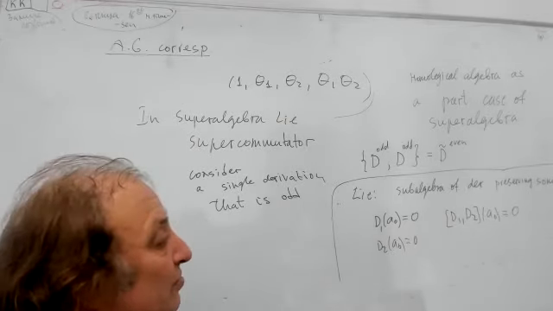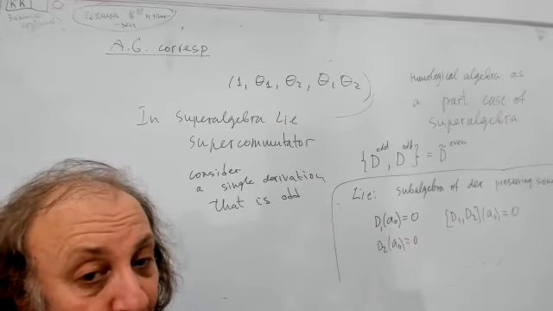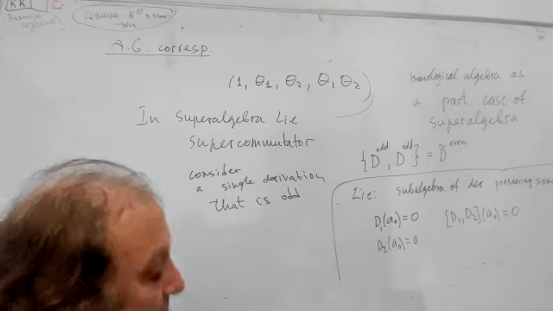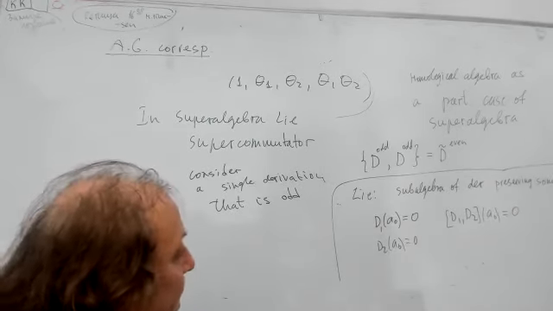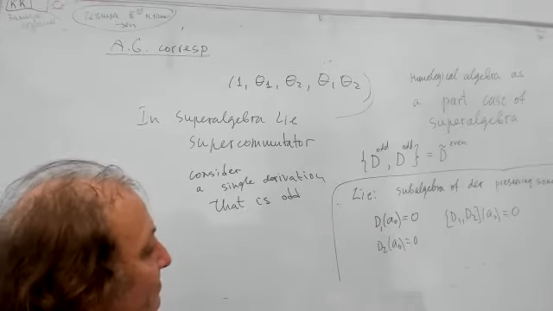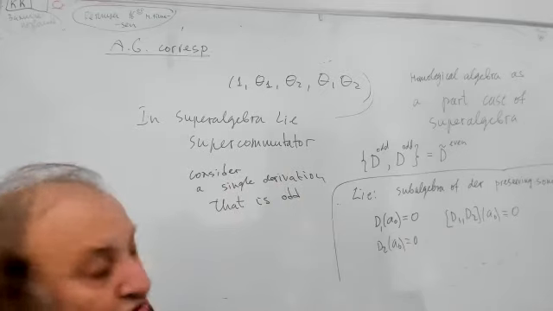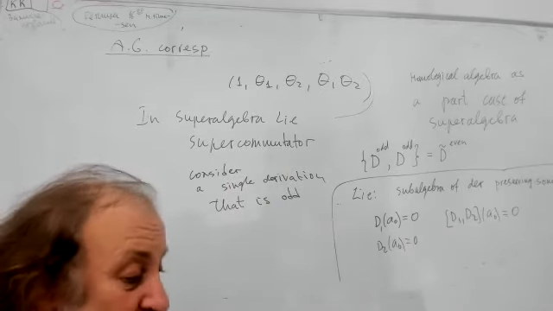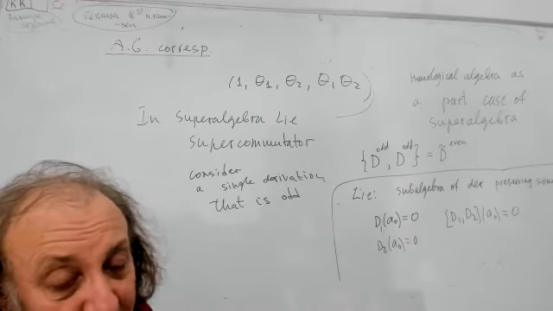He was thinking about algebra of symmetries. Okay? So he just abstracted the notion of Lie algebra from algebra of symmetries.